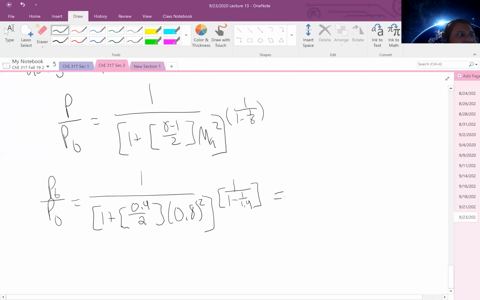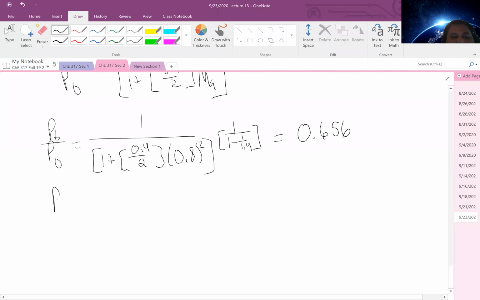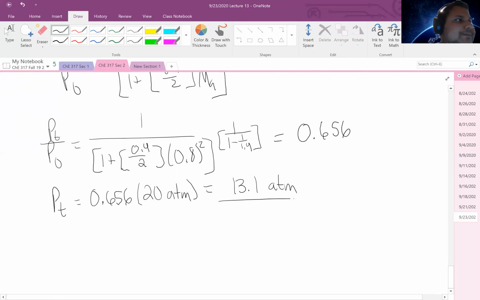If we do this calculation, we should find that this right-hand side is equal to 0.656, which means the pressure of the throat is equal to 0.656 times our incoming pressure of 20 atmospheres, which is equal to 13.1 atmospheres.